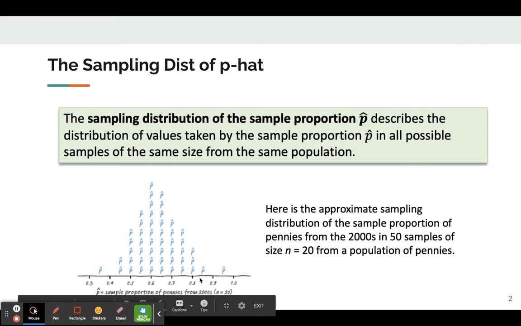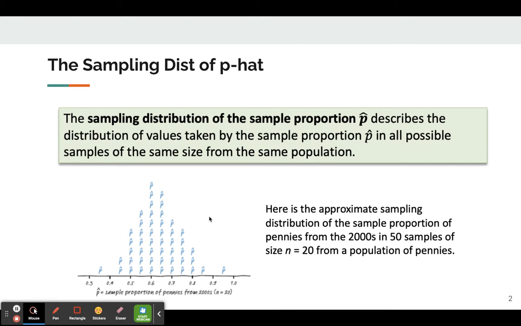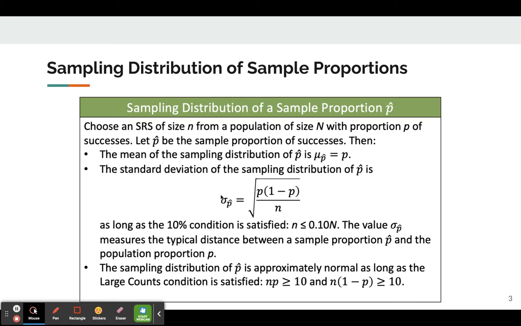Say it was this one right here. And then you did that again, and you got this proportion, and then you did it again, and you got this sample proportion. And if you did that 50 times, this is what the sampling distribution would look like. And again, that's not the complete sampling distribution, that's just for 50 samples.